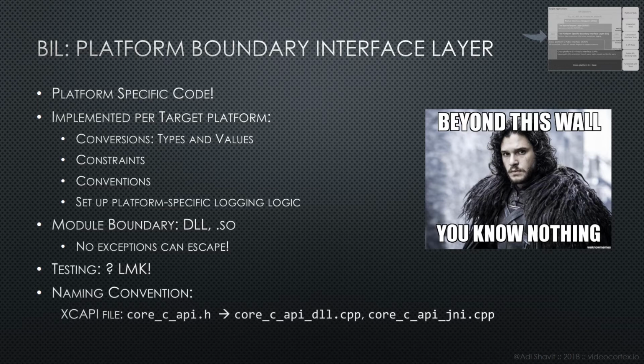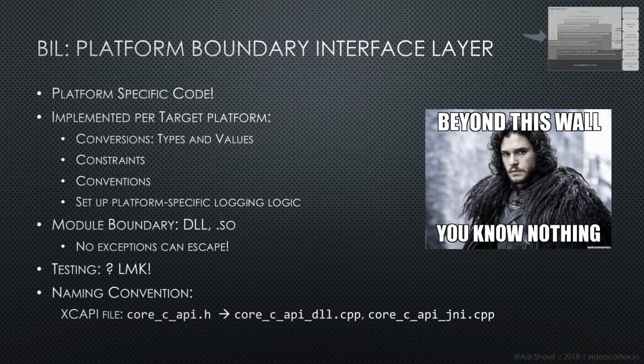We need to apply different constraints relating to how the data is used. There are different conventions. Well, I'll show some examples to make this more concrete. And this is a great place to put logging entry points. So if you want to log into the Android trace or to your syslog on your server, this is a great place to plug it into your platform agnostic logging framework.